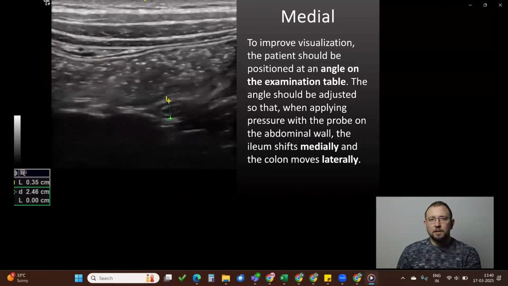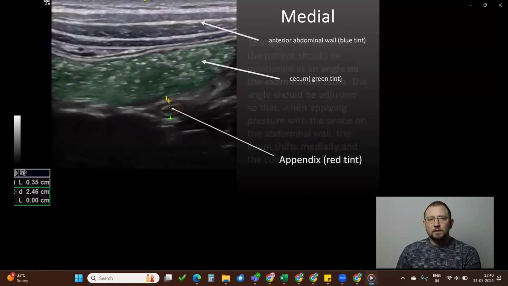The angle should be adjusted so that when applying pressure with the probe on the abdominal wall, the ileum shifts medially and the colon moves laterally.